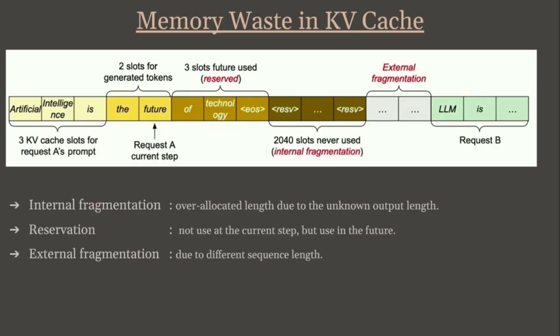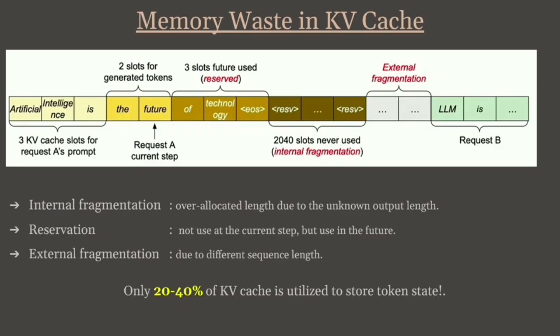Imagine you have a notebook where some pages are half written and you can't use those half empty pages for new writing. They are wasted. That's what's called external fragmentation. It's due to the different sequence lengths. So here we only use 20 to 40 percent of the KV cache and the rest is wasted. So that's a very bad thing.